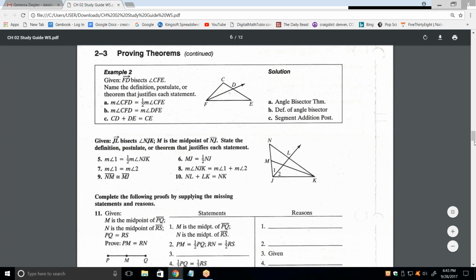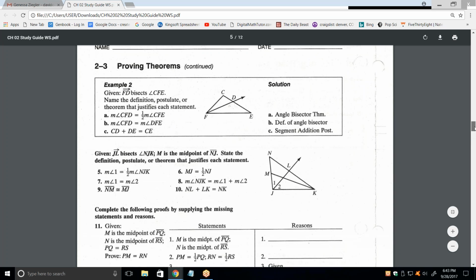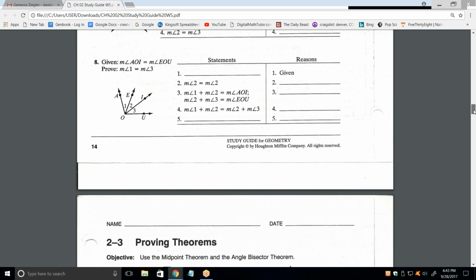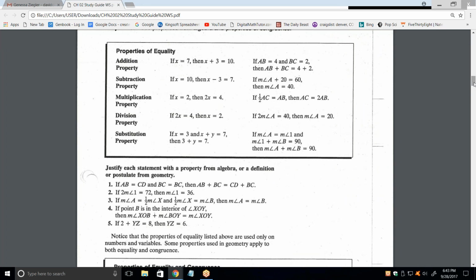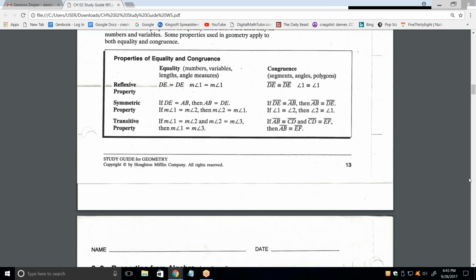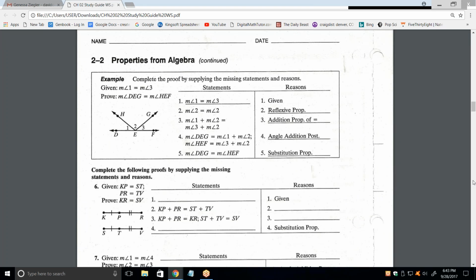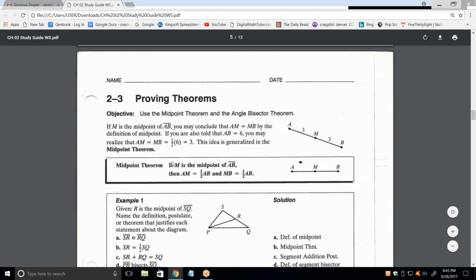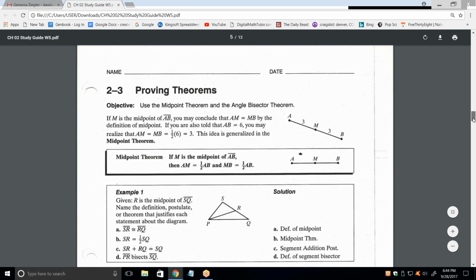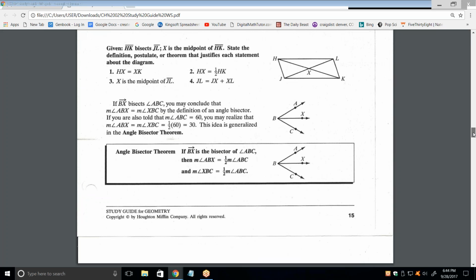So we're going to call on the midpoint theorem. Let's go back and find the midpoint theorem, I think it's below. Midpoint theorem: if M is the midpoint of AB, then AM equals 1/2 of AB.